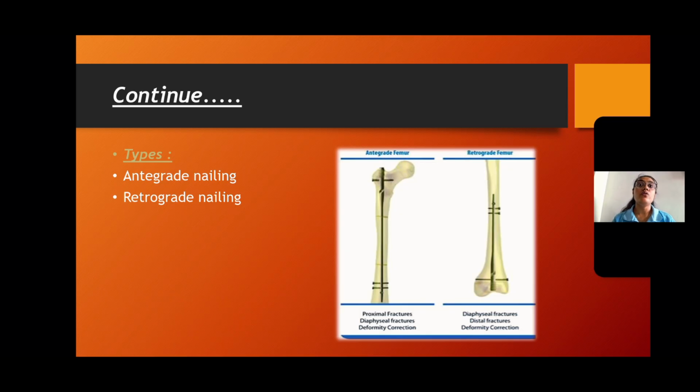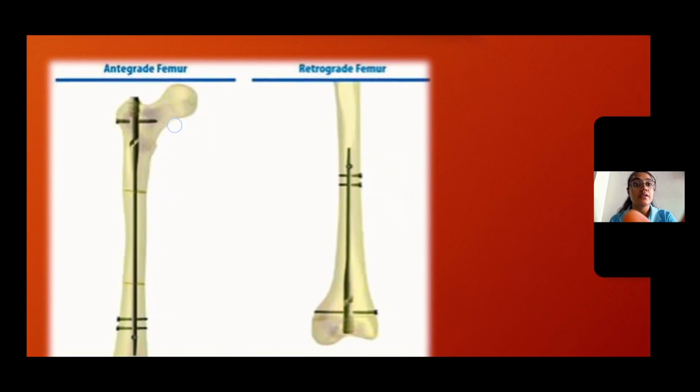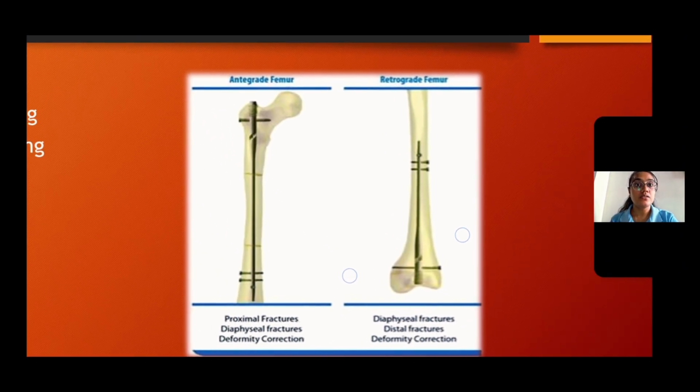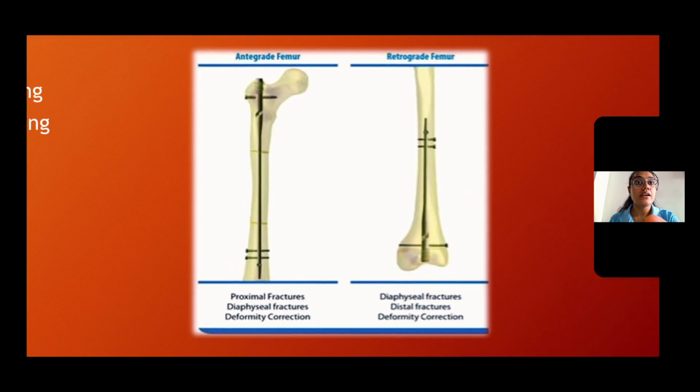So the types of nailing: first is antegrade nailing and second is retrograde nailing. You see the image. Antegrade nailing is for proximal fracture and retrograde nailing is for distal fracture.